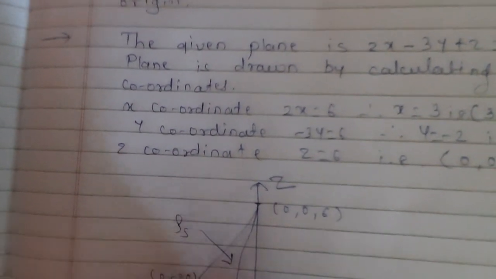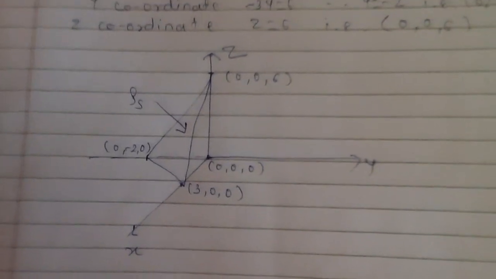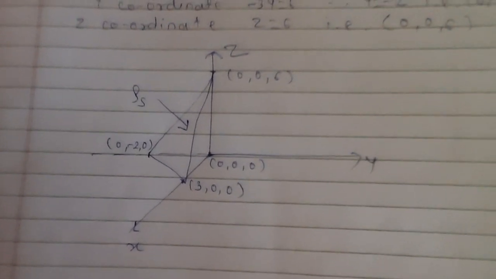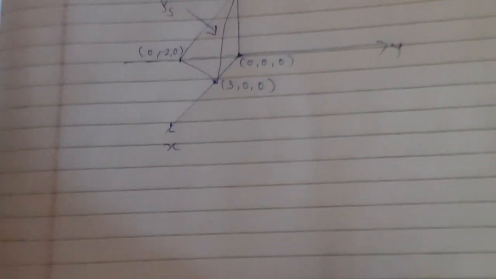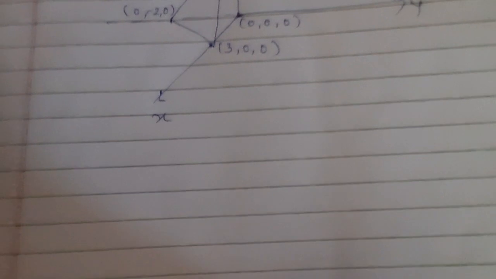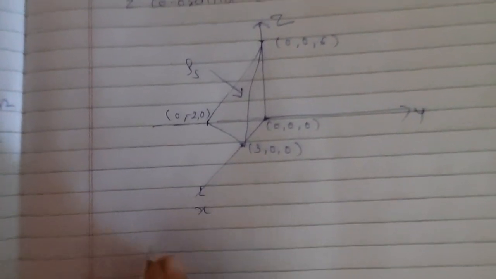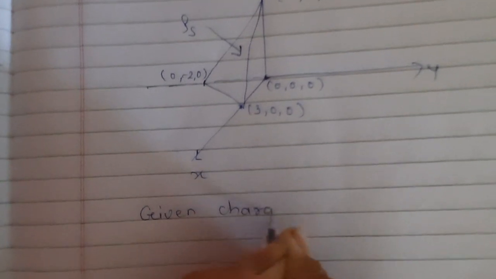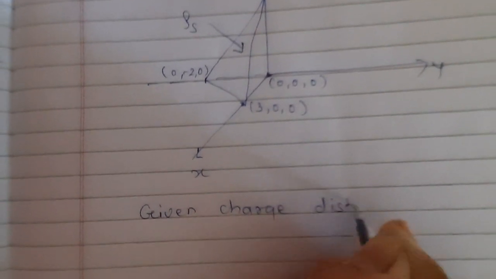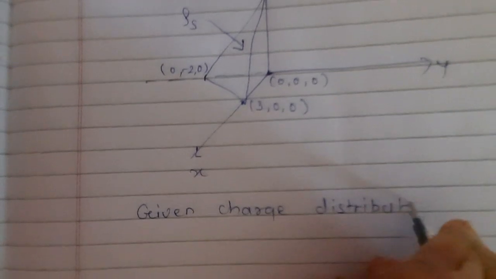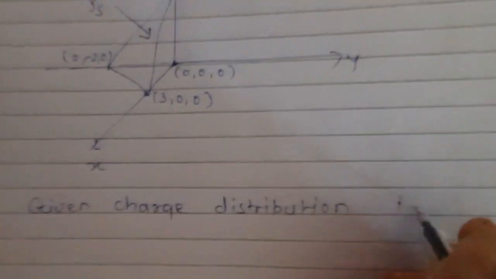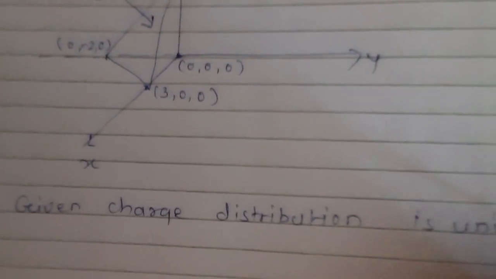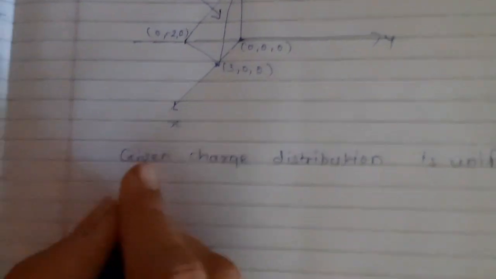This is S. So this is the diagram for the plane 2x minus 3y plus z is equal to 6. Now here the given charge distribution is a uniform sheet.